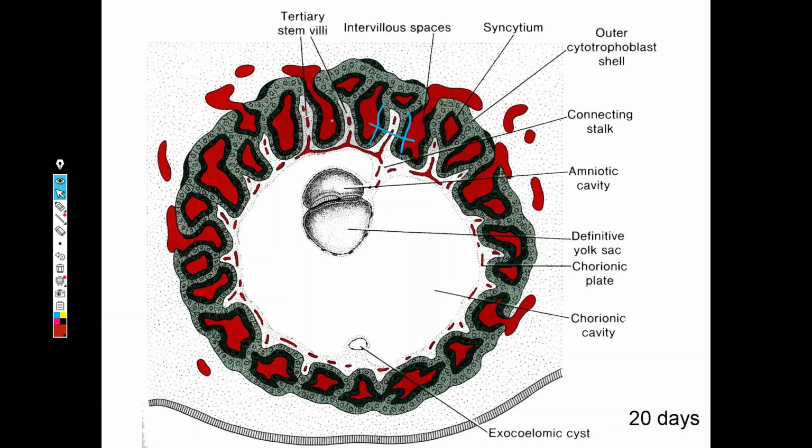I'm going to dissect it right here. These are the villi, and these are very important structures. These are the tertiary villi, tertiary because they contain vessels. I'm going to explain it in a moment. These villi are important for the nutrition and construction of the placenta.